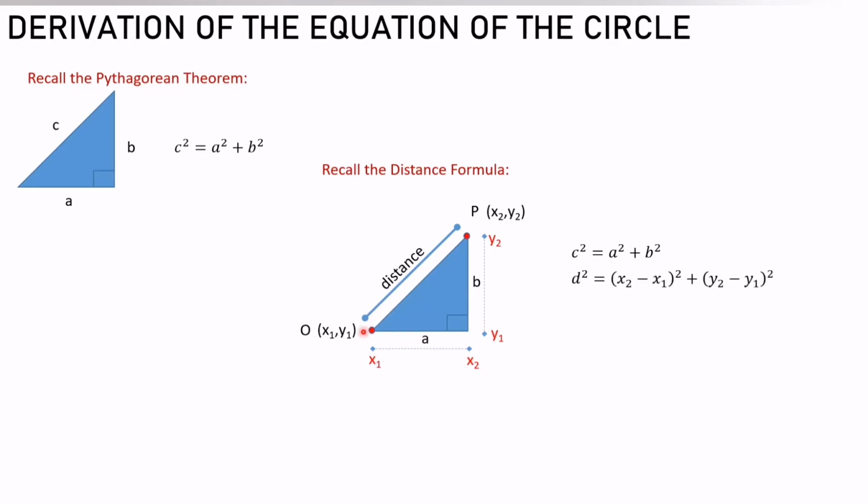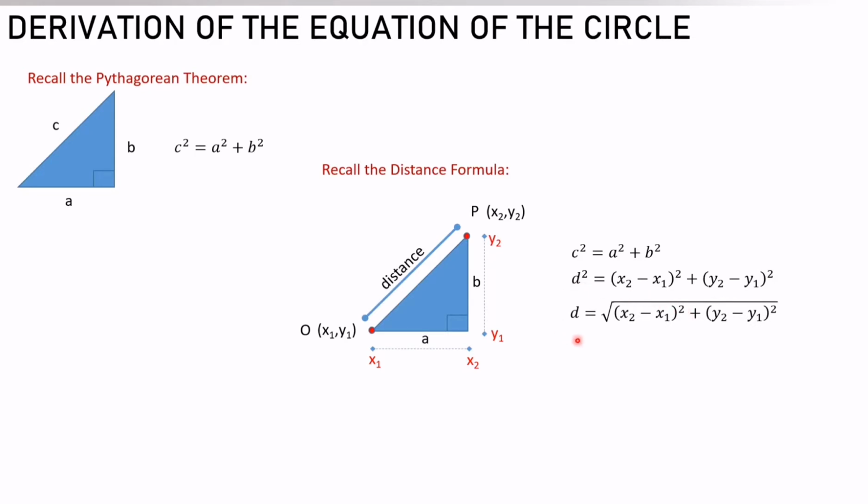The distance of A is just the difference of x sub 2 and x sub 1, right? And the distance of our B is just the difference of y sub 2 and y sub 1. That's why we put that here. d squared is equal to x sub 2 minus x sub 1 squared plus y sub 2 minus y sub 1 squared.